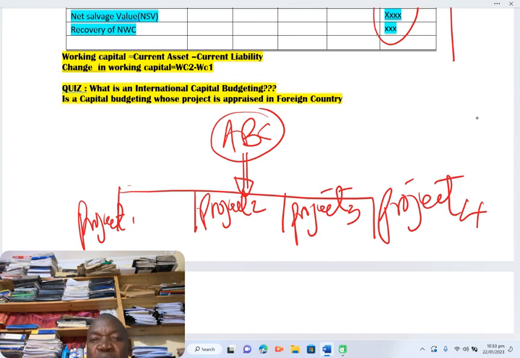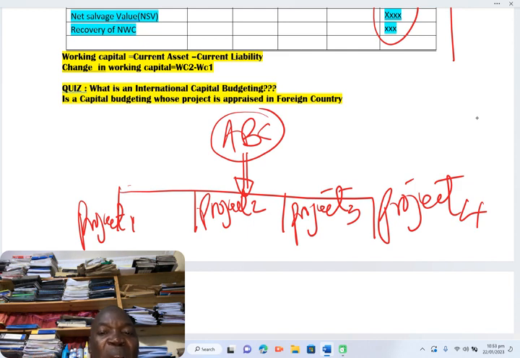Our question is, do we have enough funds to run these 4 projects? Now, this is a problem of economics. Number 2, you have to assess whether these projects are profit making. Are they viable to execute?